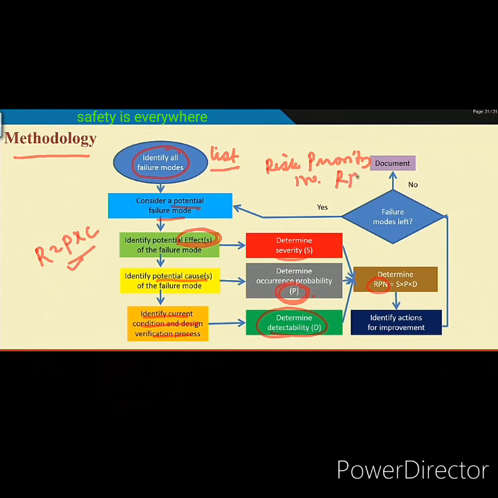Instead of R we are writing RPN, which is the multiplication of these three: severity, probability and detectability. For every failure mode you find out this RPN. When we discuss the scales for detectability, severity and probability, you will find out how and why this multiplication is done.